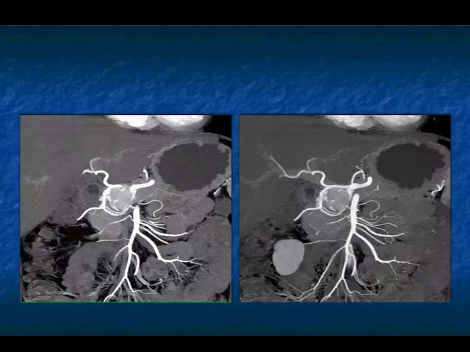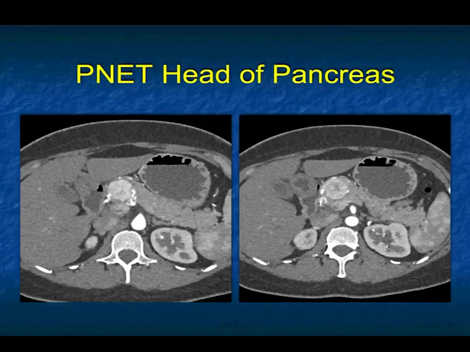If not, I have to go with a clear cell renal cell carcinoma metastatic to the pancreas versus a neuroendocrine tumor. But since the kidneys were normal, and you have to assume they're normal, because I'm showing you a little bit of the kidney only, this was a really nice neuroendocrine tumor.